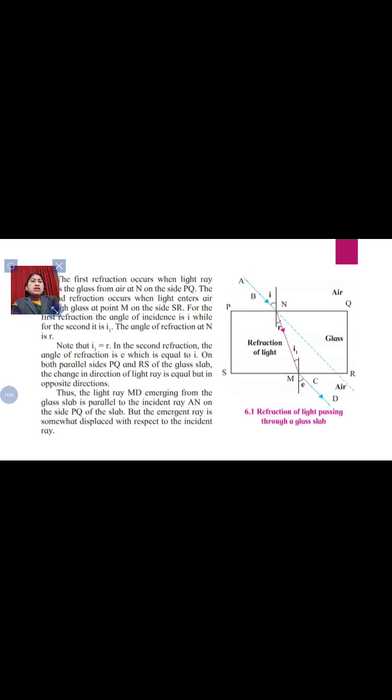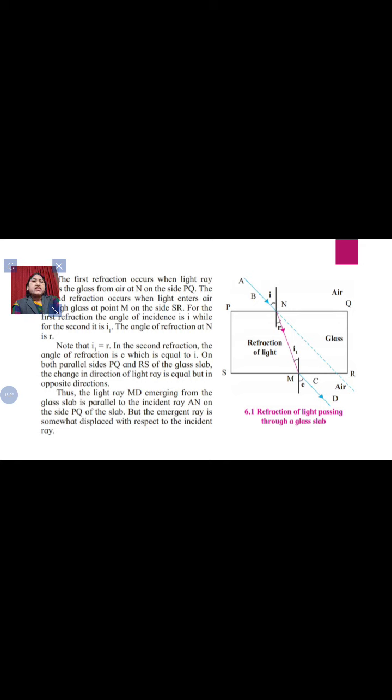Then the second refraction occurs when light enters air through the glass at point M. See here, point M on the side SR.